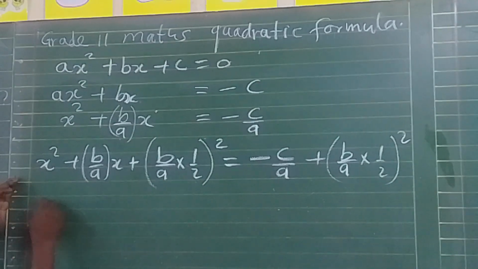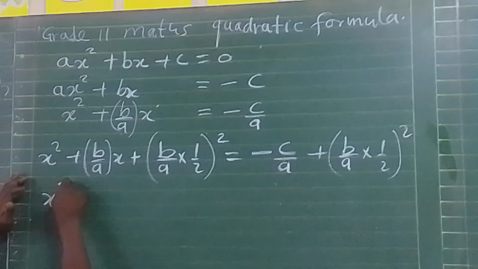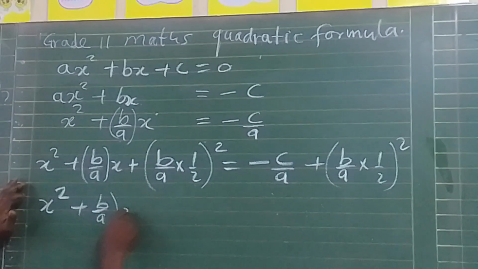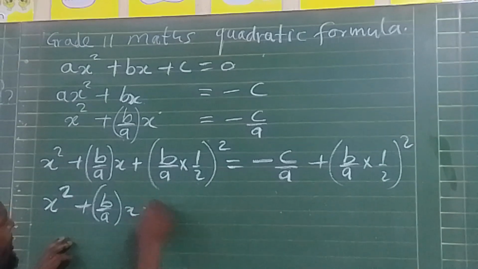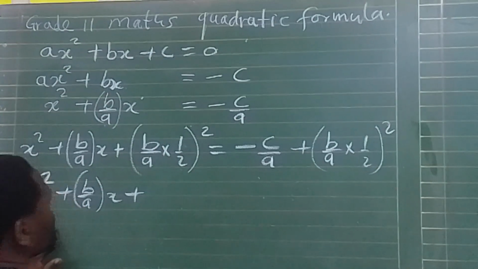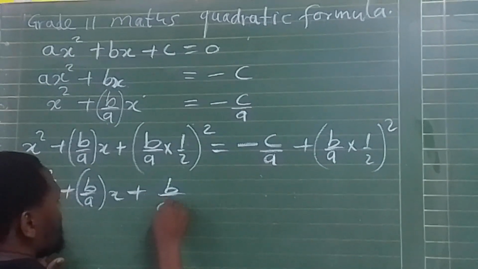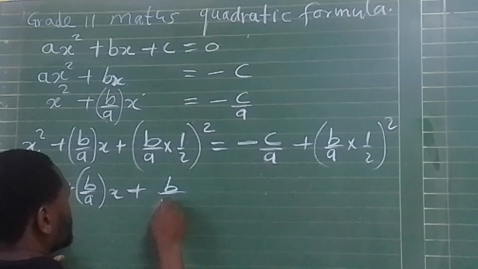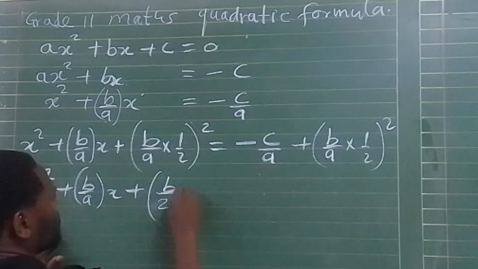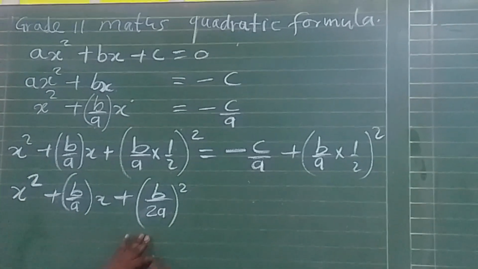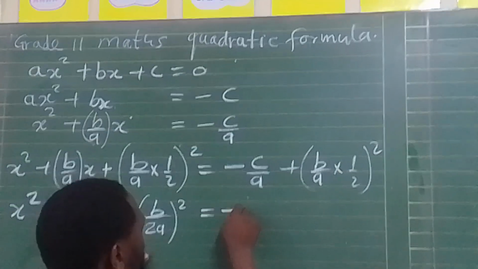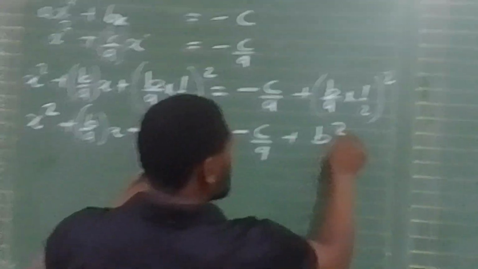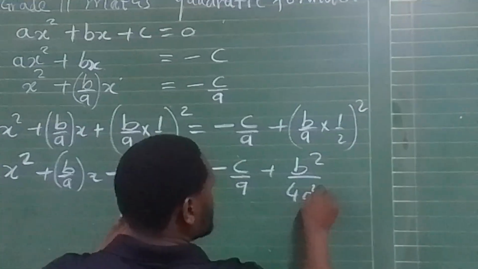Now here you'll be left with x squared plus b over a x, plus, when you multiply here, you're going to get b over 2a, all squared, is equal to minus c over a plus b squared over 4a squared.